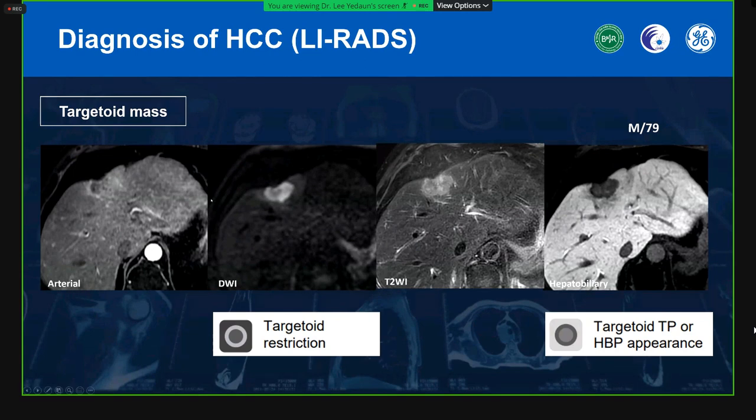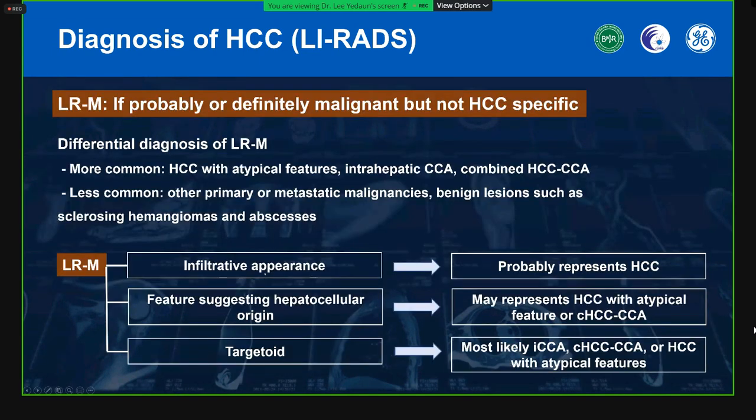This mass shows rim arterial enhancement, peripheral diffusion restriction, and targetoid appearance on hepatobiliary phase. And you can also see the capsular retraction, which is a feature favoring cholangiocarcinoma. Target-like morphology reflects peripheral hypercellularity and central stromal fibrosis or ischemia.